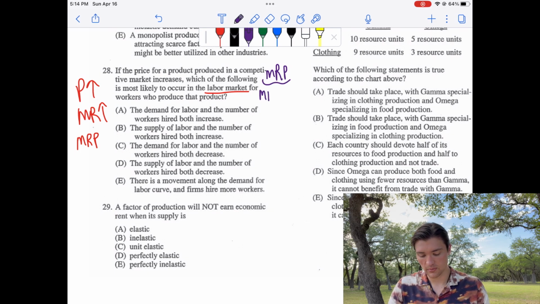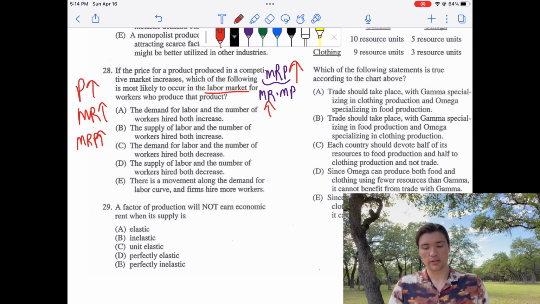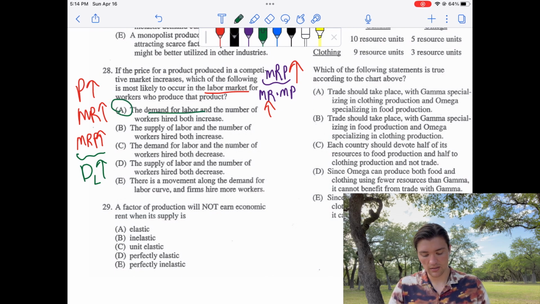So that's going to be marginal revenue times your marginal product. And if marginal revenue goes up, your marginal revenue product goes up. So if your marginal revenue product is going up, this means your demand for labor is going to increase. So number 28 is going to be A. You are going to be demanding labor, and the number of workers hired will increase.